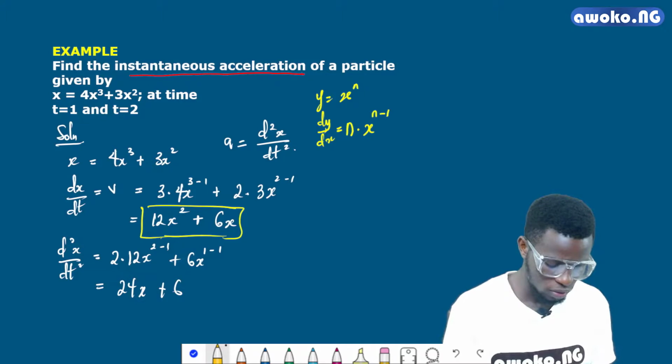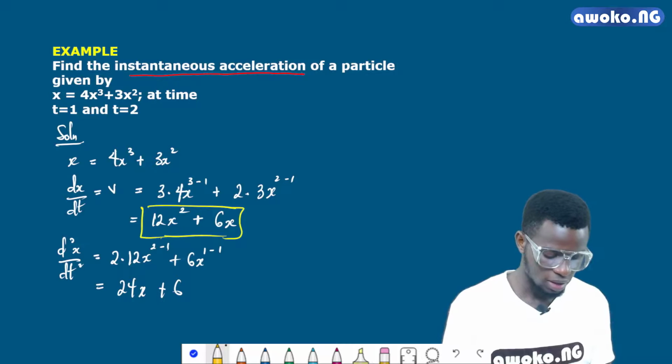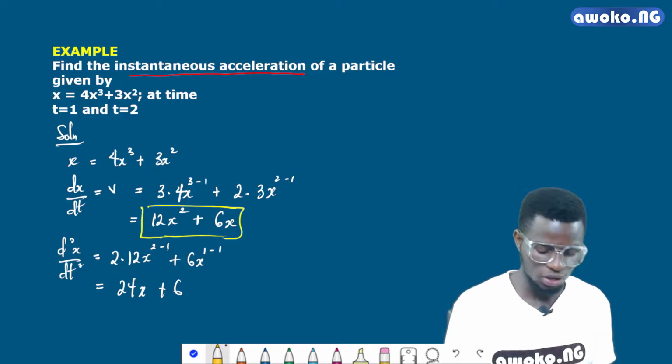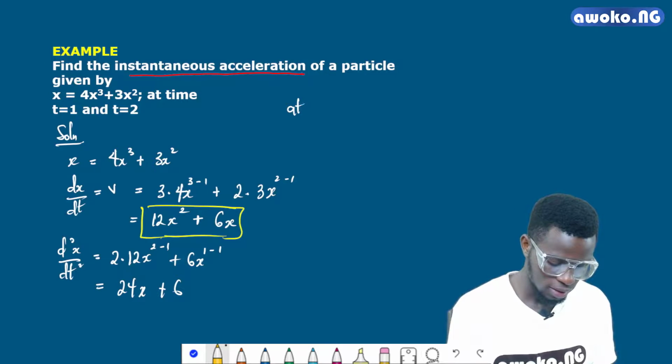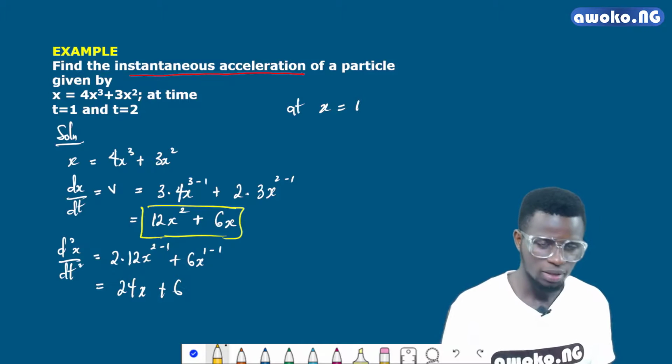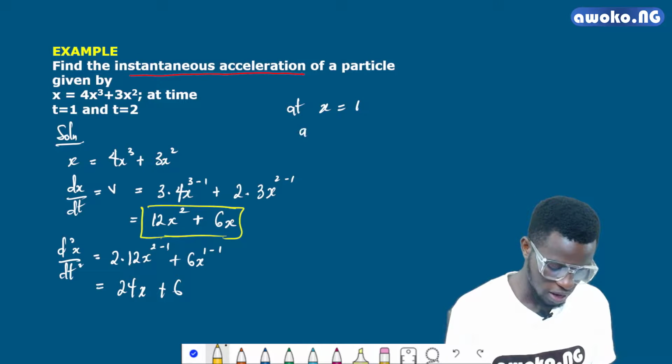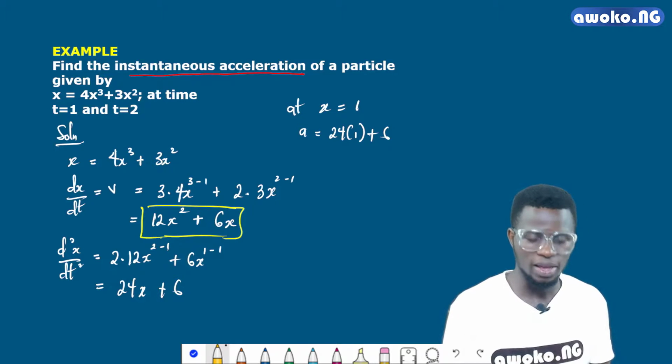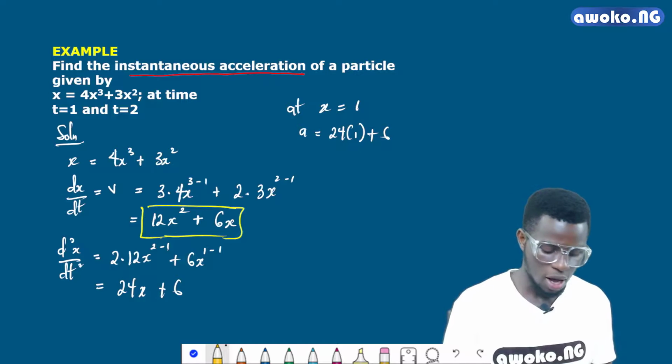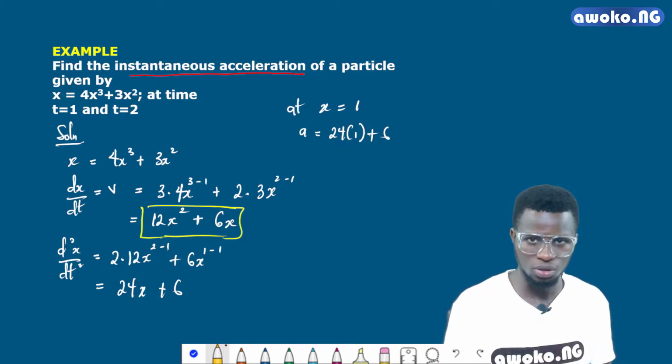Okay, but we were told to find the instantaneous acceleration when t is equal to 1. So at t equals 1, we have a equal to 24 times 1 plus 6. Whenever I see t in the acceleration equation, I have to substitute the value of 1 into it.